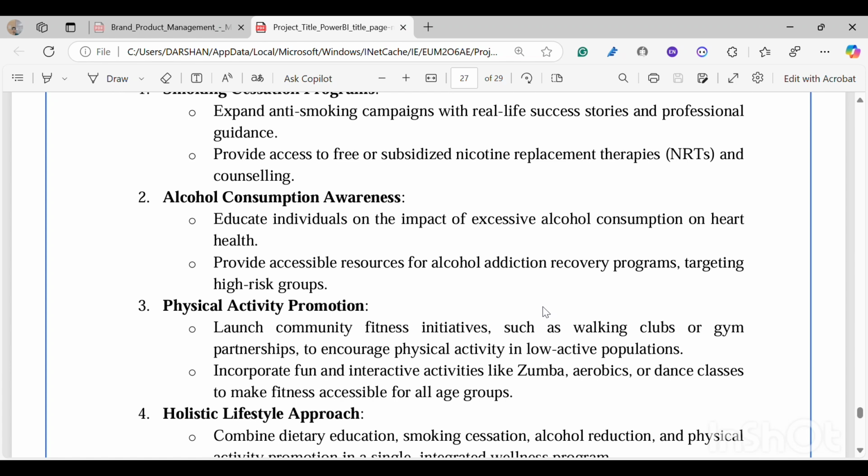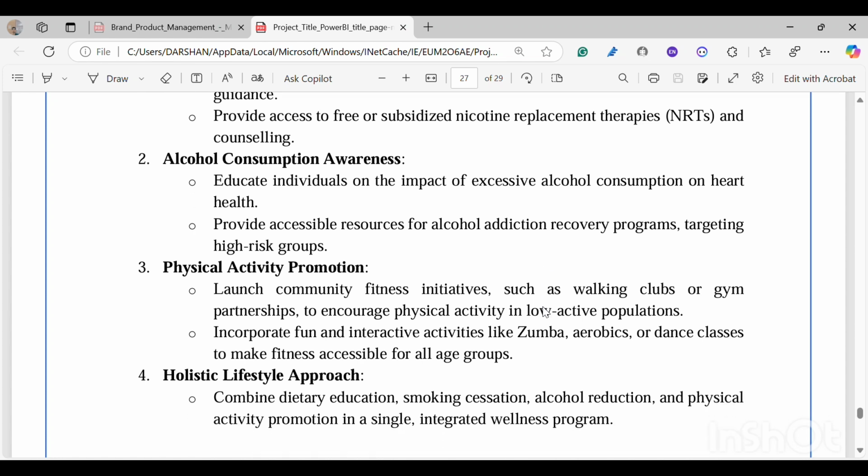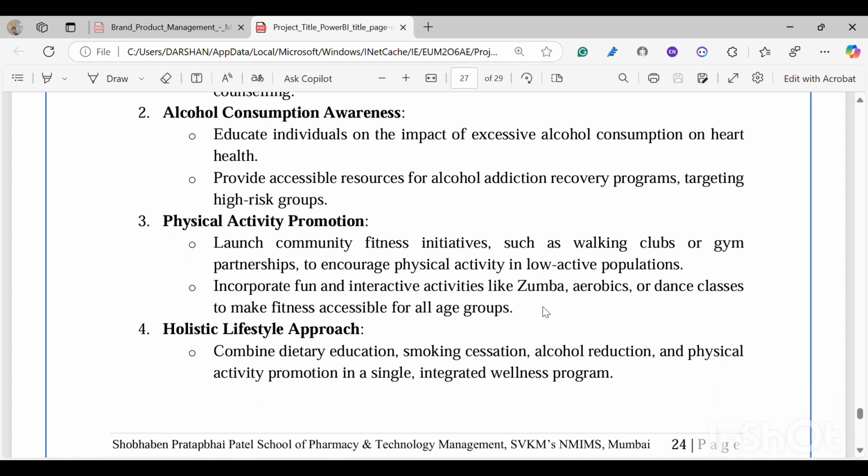Educate individuals that if you are still drinking alcohol and do not stop drinking alcohol, you are at a higher risk of getting a heart attack, or your heart is at higher risk. So you can also increase the awareness.